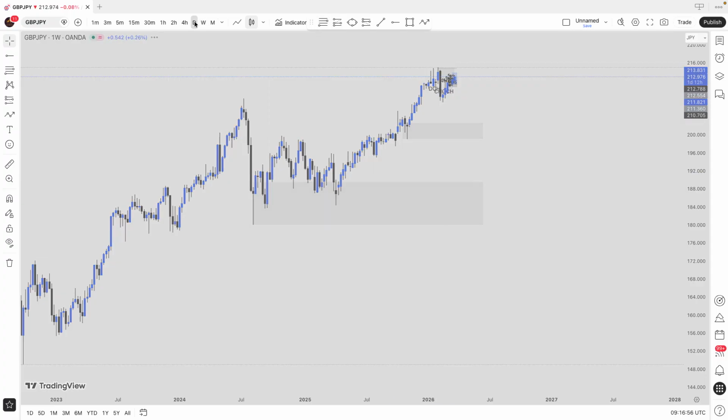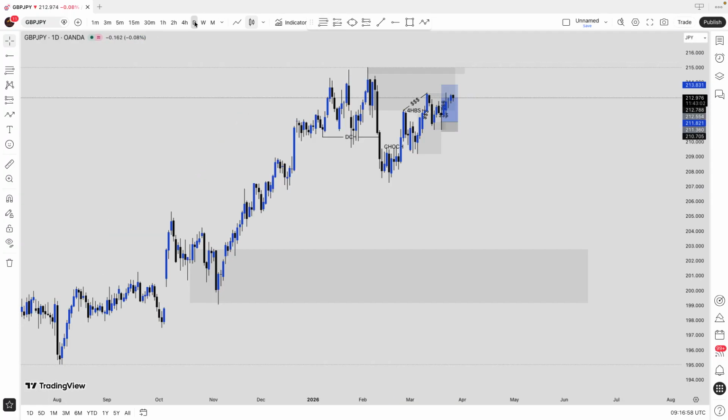So I went to the daily, and this is where my analysis began. So remember, on the weekly, we are very bullish, let's say we are buying.